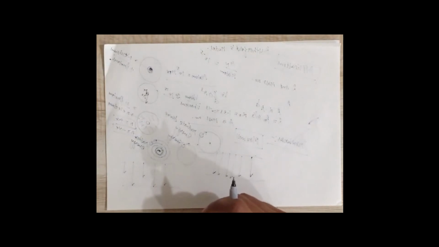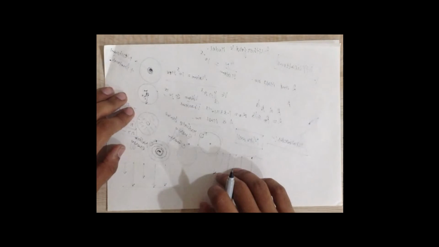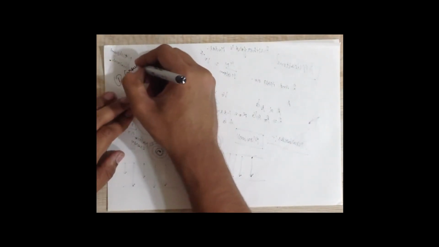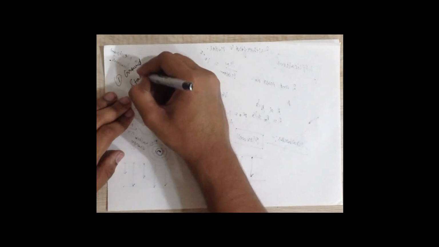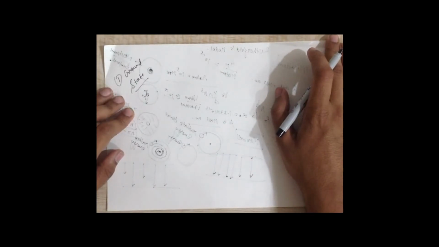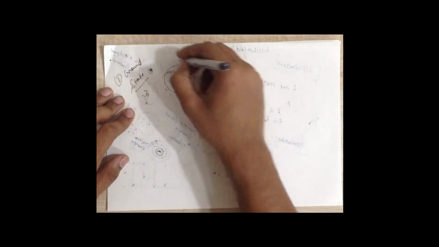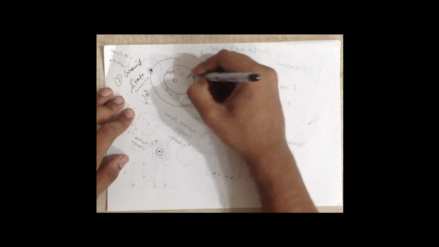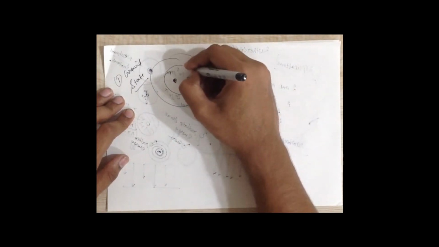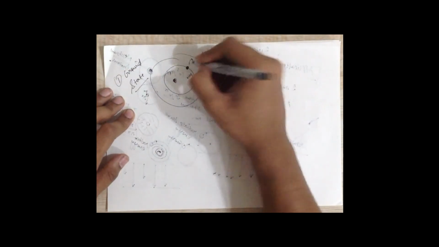Now there are some terms associated with the Bohr's model as per energy configurations. So first is ground state. Ground state is the lowest energy state of any atom or ion. If this is an atom, this is shell number 1, this is shell number 2, this is the nucleus. So shell number 1 is the ground state for any atom, and excited state is any state other than the ground state.